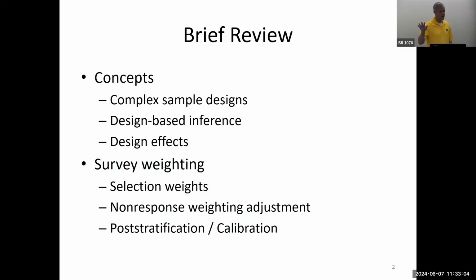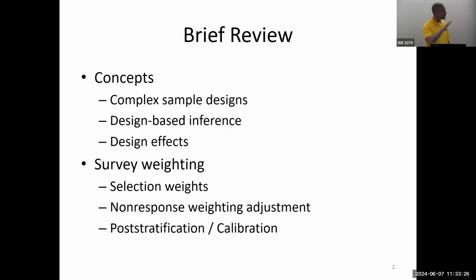But now we need to calculate those standard errors to form our confidence intervals and to test hypotheses. To do that, the data user needs to see variables in the data set that reflect the complex sample design information, in addition to those final weights that we just talked about. So that's where we're headed here to talk about variance estimation.